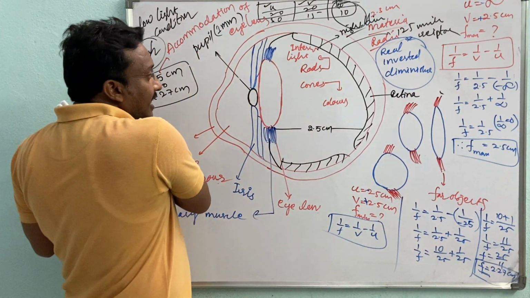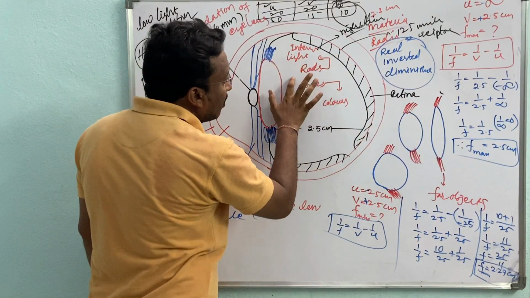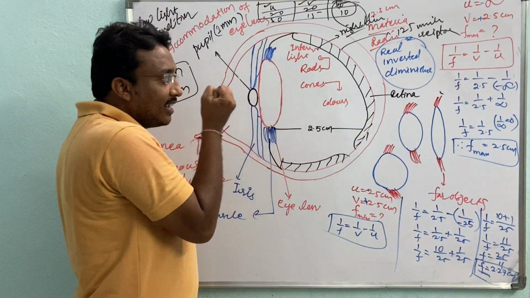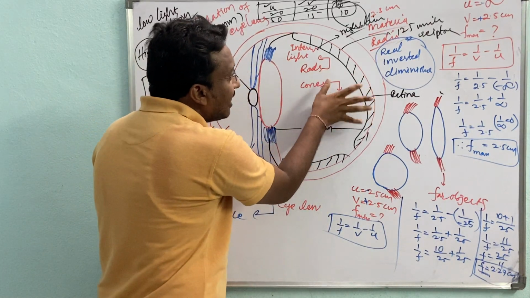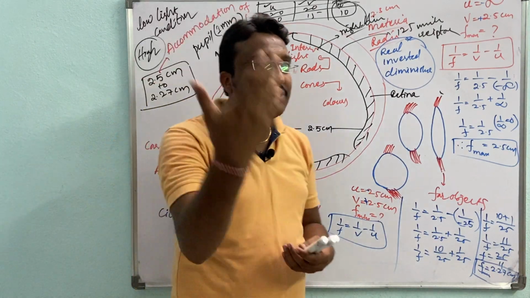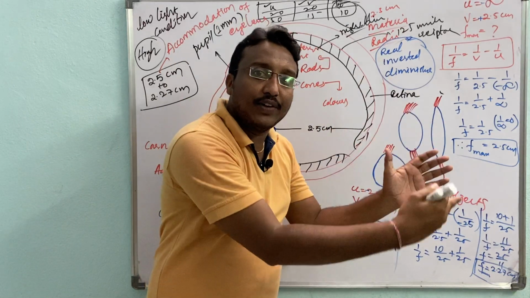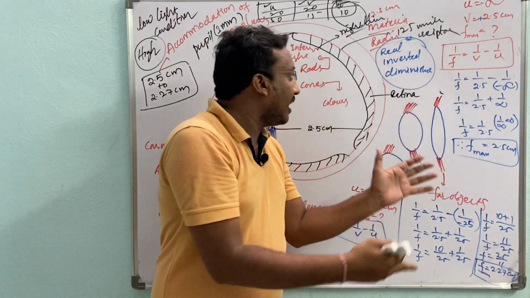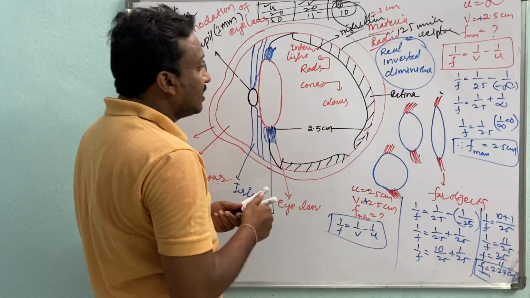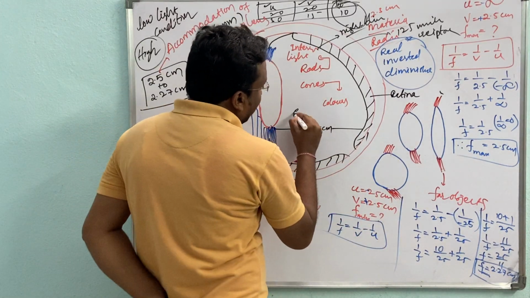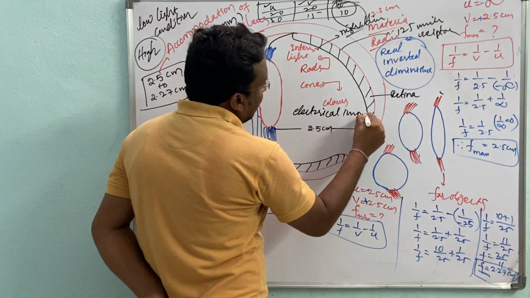When reflected light falls on the retina, the rods and cones receive the light and are activated, and the information we are observing is transferred. It is converted into electrical impulses, right?